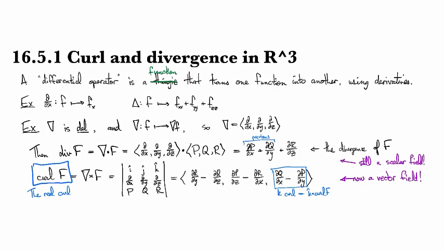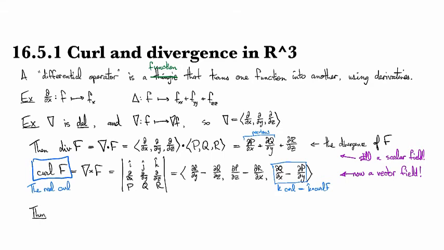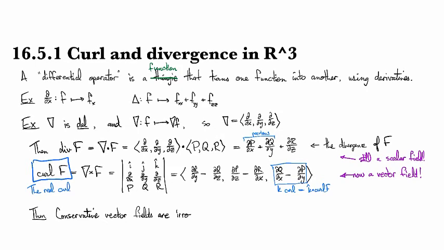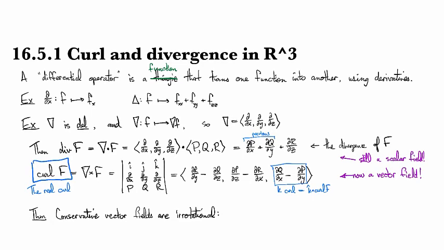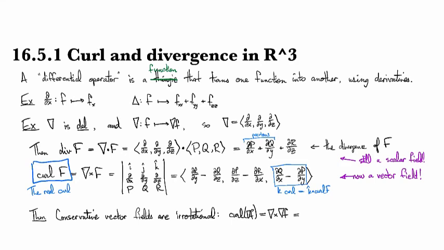So, just like we had in R2, we've also got the theorems that relate some of these ideas. Namely, it's still the case that conservative vector fields are irrotational. That means if I apply curl to a gradient, in other words, if I do del cross del f, then I get 0.